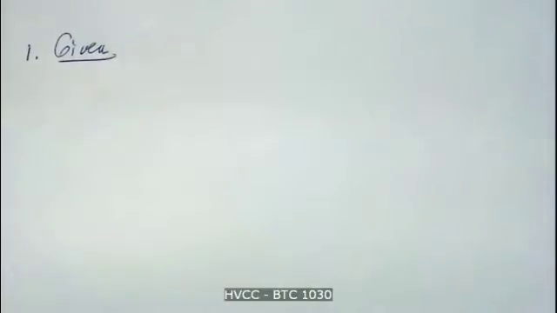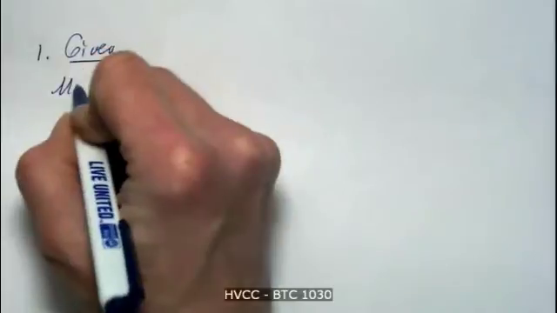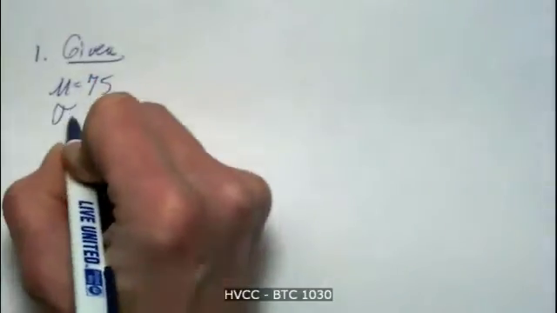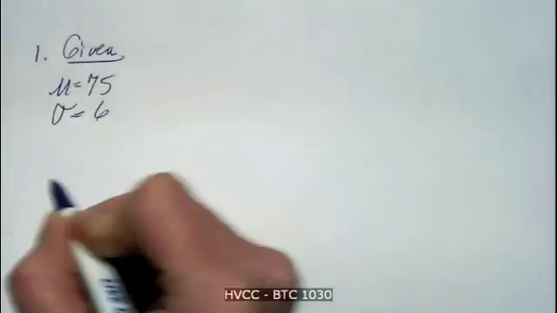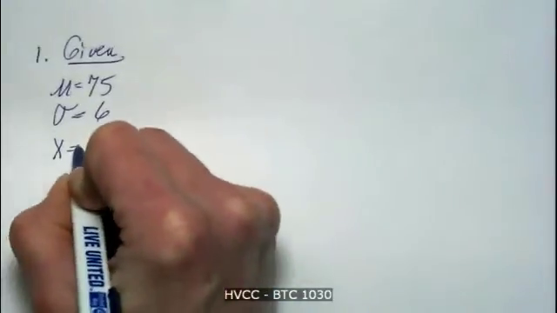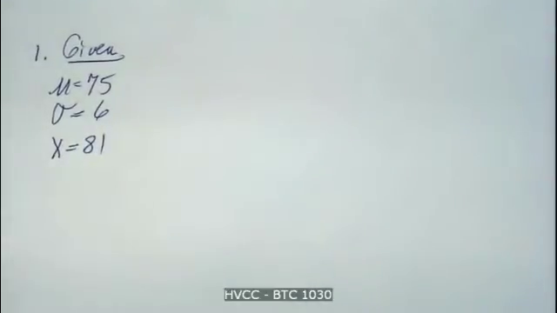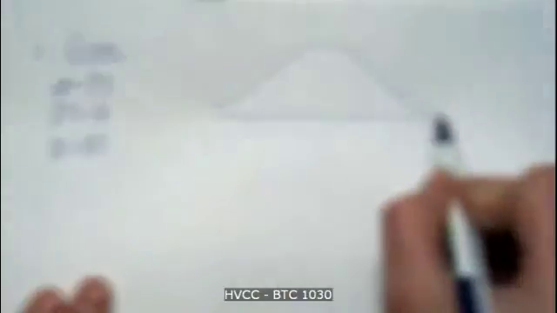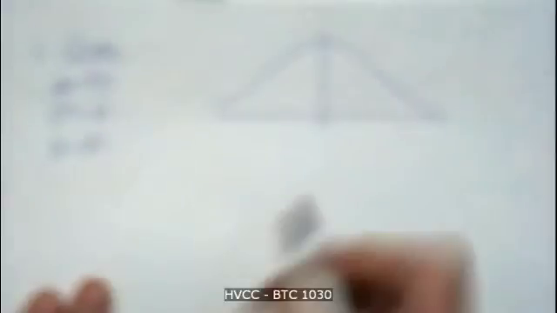I think I'm going to ask you to do that on every single problem for the rest of the semester. So our population mean is 75 seconds. Our standard deviation is 6. And our x variable in this example is 81. That's our first step. Second step, draw your normal distribution.